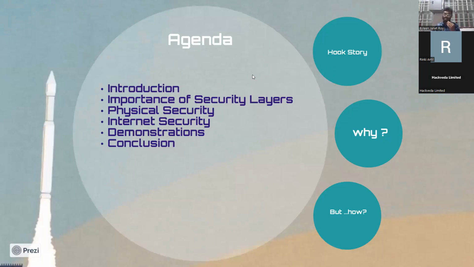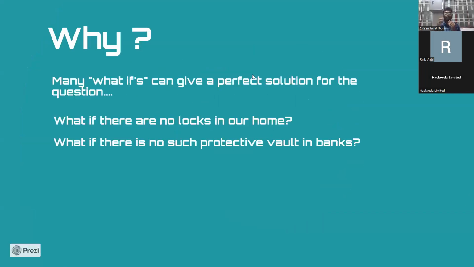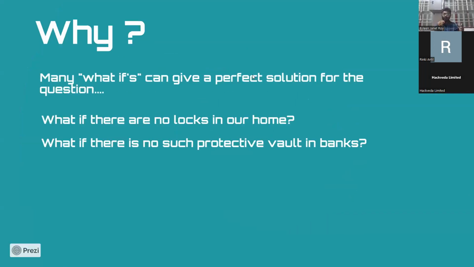It is for securing something valuable. If you want the answer to why, just think: what if there is no security? I told you one scenario, Avengers and civilians. What if there are no Avengers? What will happen? Those attackers will just come and destroy us from A to Z. That will happen, right?